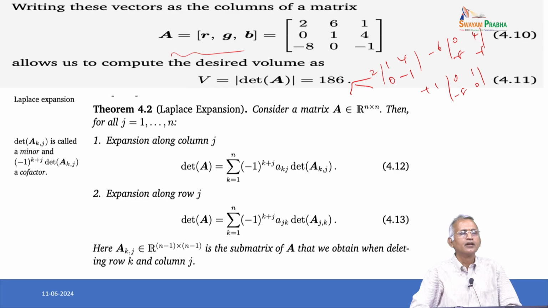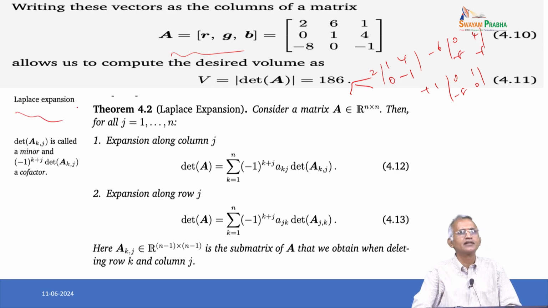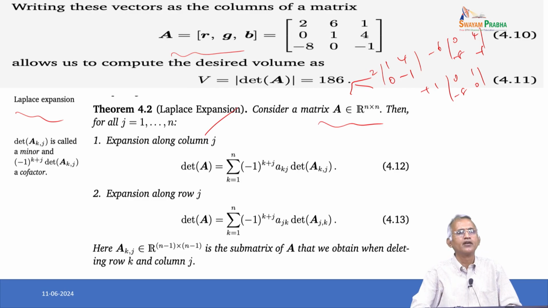So, in general, computing the determinant this way is called a Laplace expansion. The theorem says: consider a matrix A of size n cross n, and j varies from 1 to n. Expansion along column j gives determinant of A equal to the summation over k equal to 1 to n of minus 1 whole power k plus j times a_kj times the determinant of A_kj.